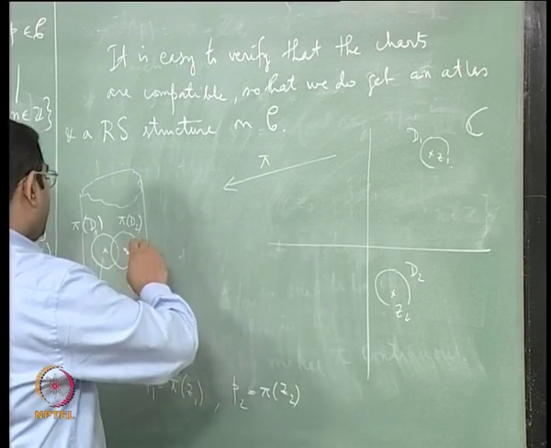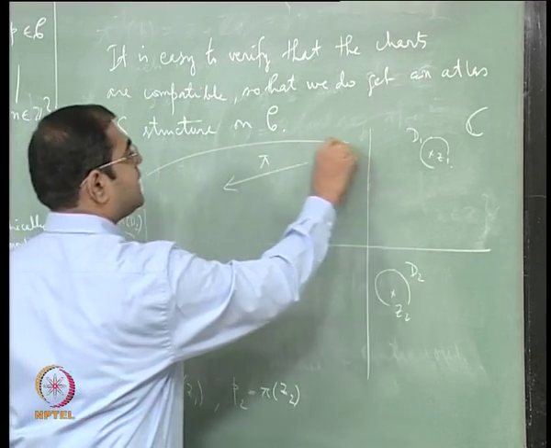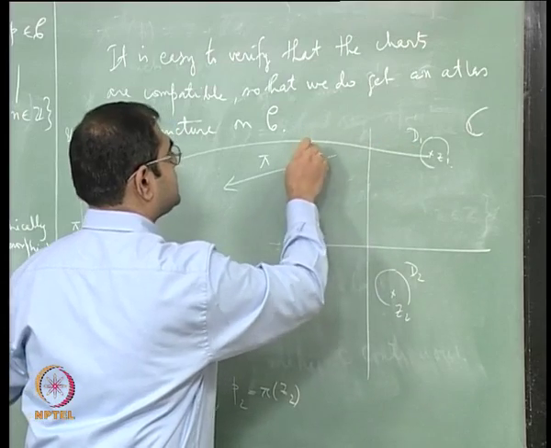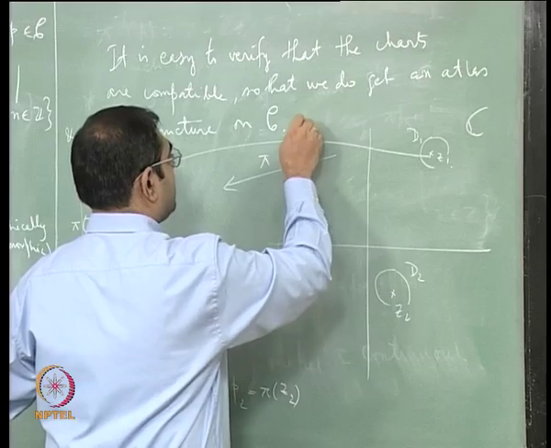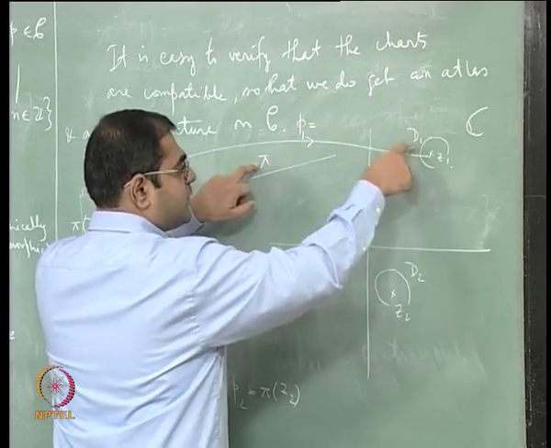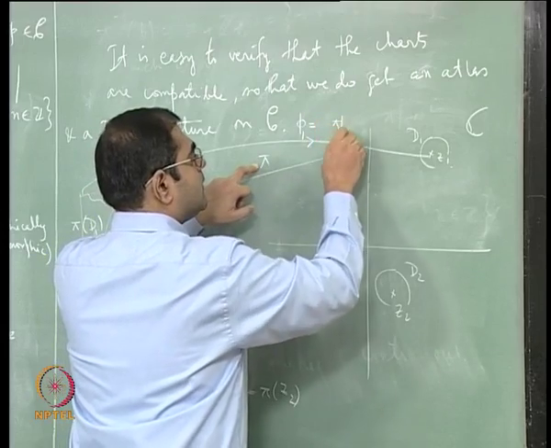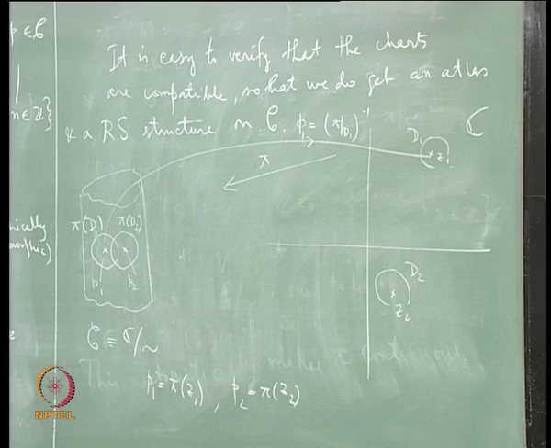So what is it that I do? Let me write down the transition function. What is this function? Let me call it phi1. Phi1 is just pi restricted to D1, inverse. That is a transition function, because that is the way we have defined it.